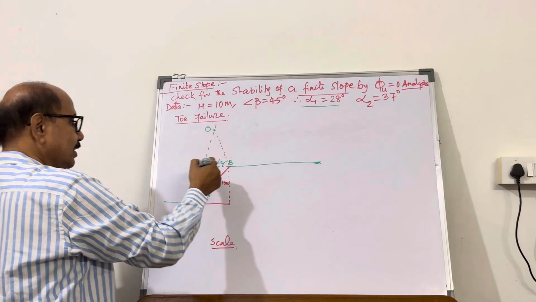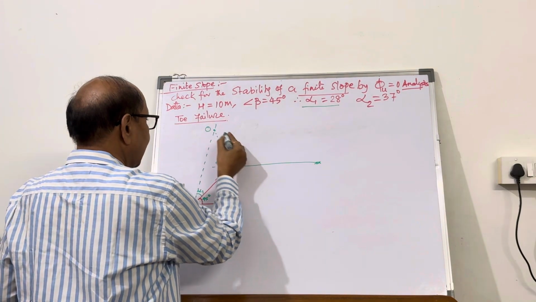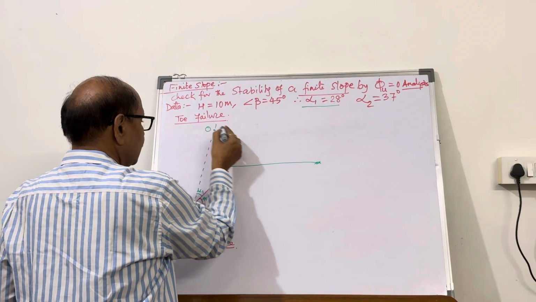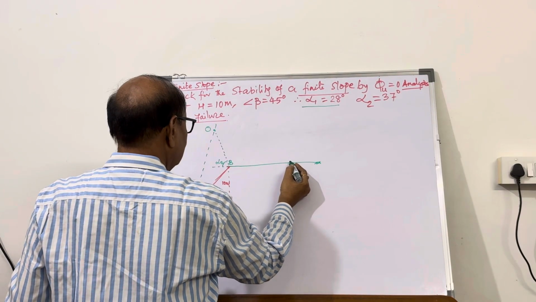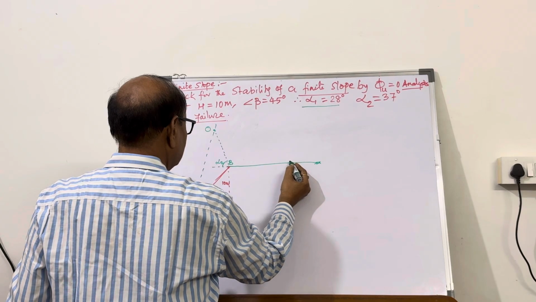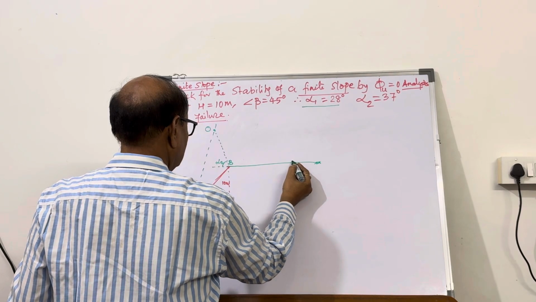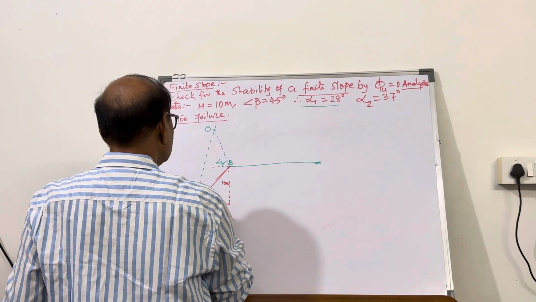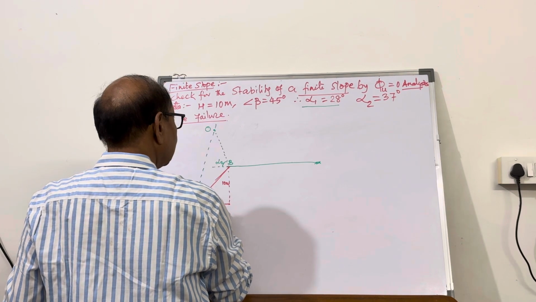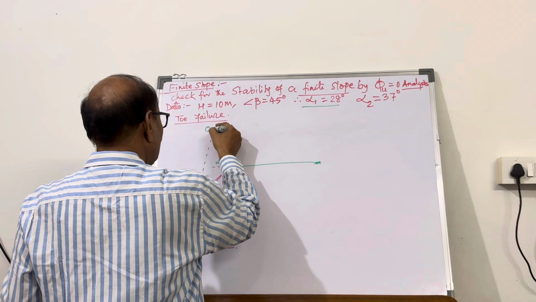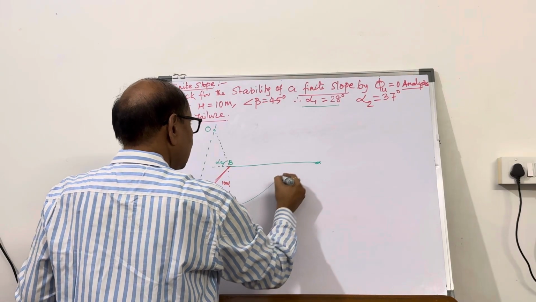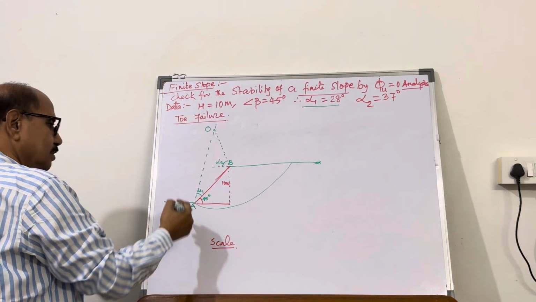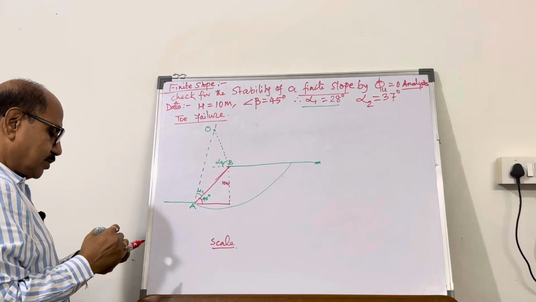Now OA as the radius, you can have a circle because it is a toe failure. So taking O as the center, OA as the radius, this becomes the slip circle.